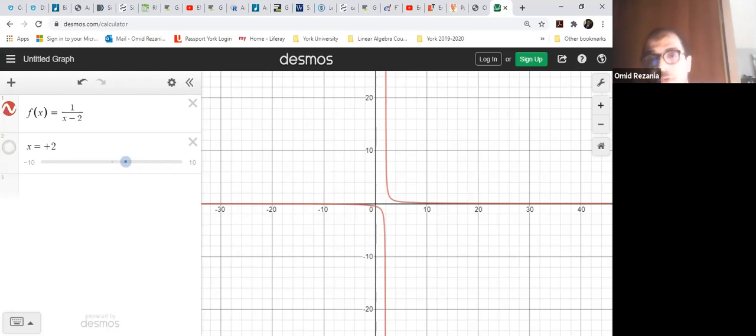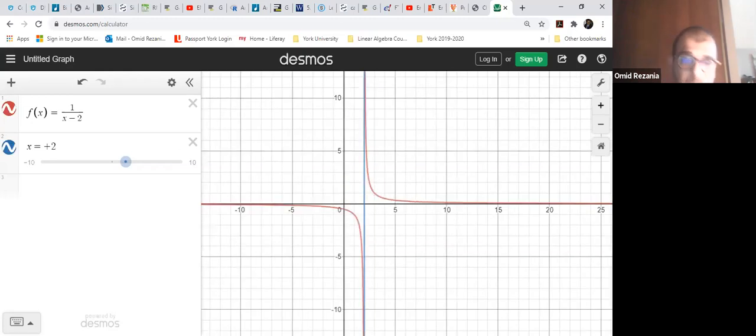And that's what we call asymptotic behavior. In this case, I can represent that asymptotic behavior with an equation from the denominator of the function. The denominator is x minus 2.